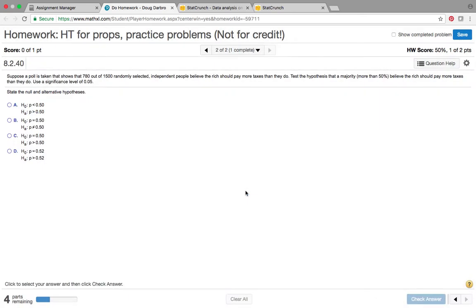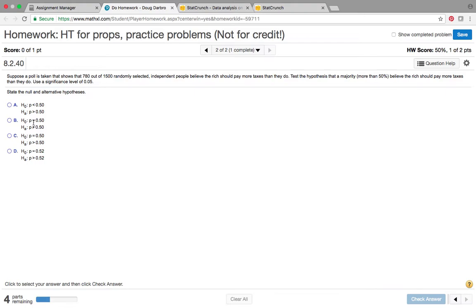All right, question number 2. Suppose a poll is taken that shows 780 out of 1,500 randomly selected independent people believe the rich should pay more taxes than they do. Wow, getting a little political here. Cool. Test the hypothesis that a majority, more than 50%, believe the rich should pay more taxes than they do.